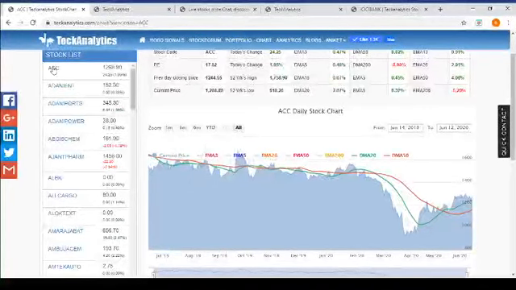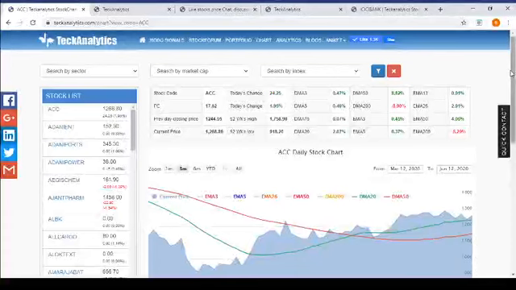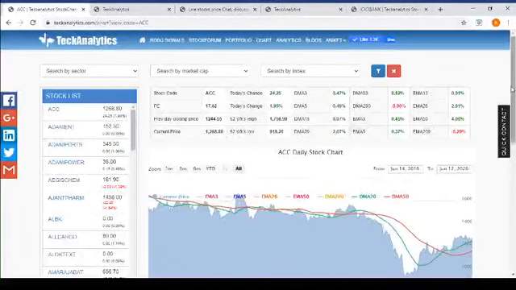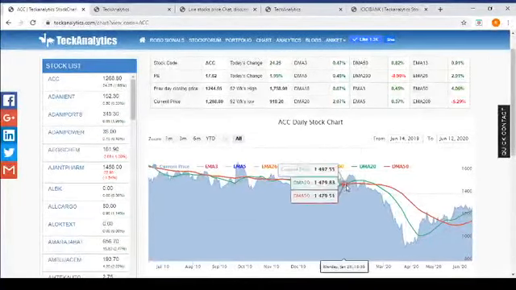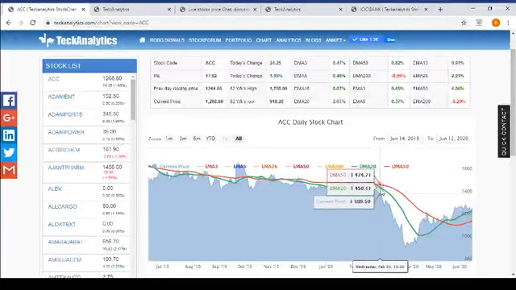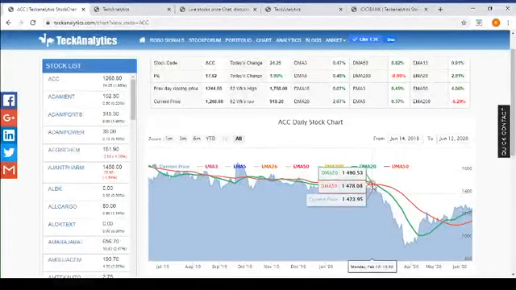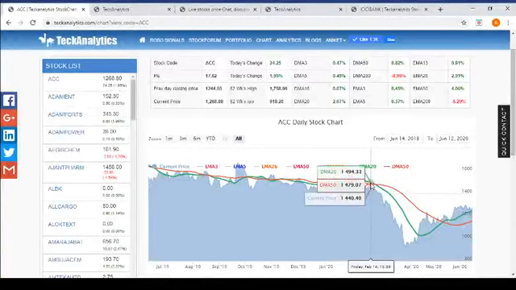Let me see some other example where I can show you a bearish signal. I think SCL was also fine. Yeah, so you will see this. This is a bearish signal. 20 days crossing negative, so price will go down. So wait for the entry and exit if you are not following the AI.